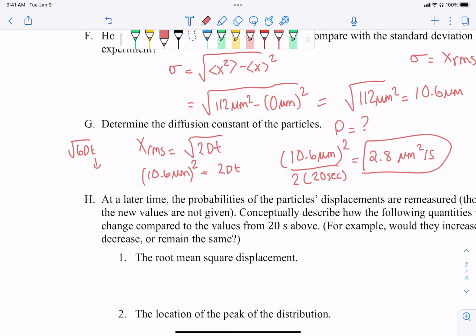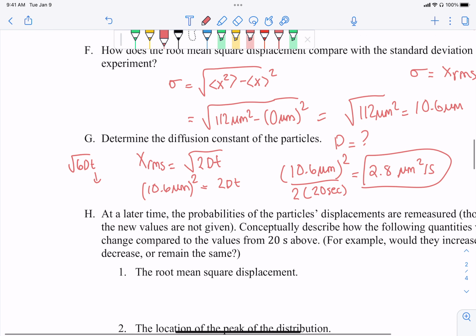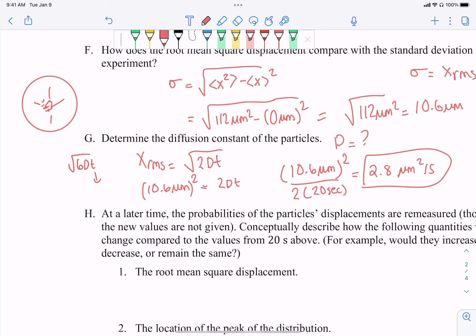At that point you have 3D motion, so you're radiating outwards in the X, Y, and Z directions. If we had a bunch of molecules in the center, t would be the diffusion time, which is how much time it would take for a decent amount of the particles to radiate outward to a specific position.